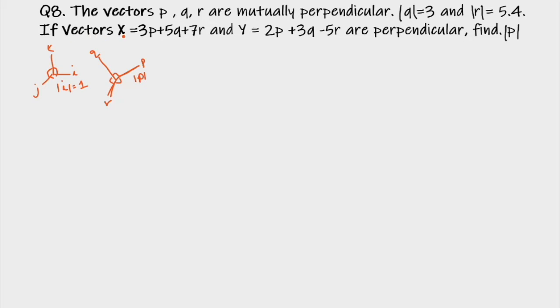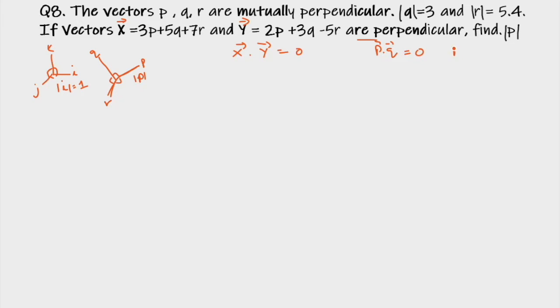If vector X is 3P plus 5Q plus 7R and Y is this, they are also perpendicular. Vectors X and Y are perpendicular. That means whenever two vectors are perpendicular, their dot product is 0. Also P and Q are perpendicular to each other, their dot product will be 0.